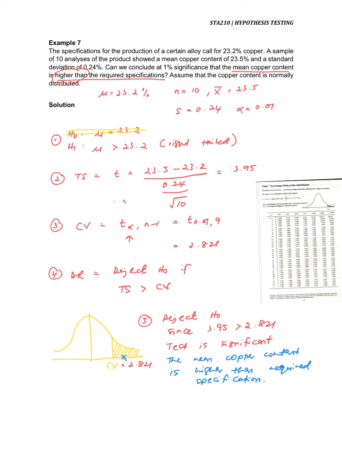Or you can write as mu greater than 23.2.